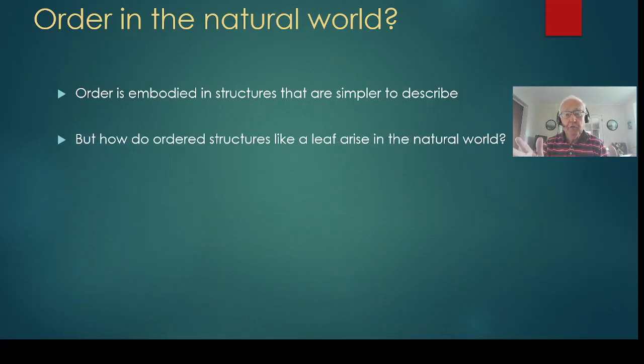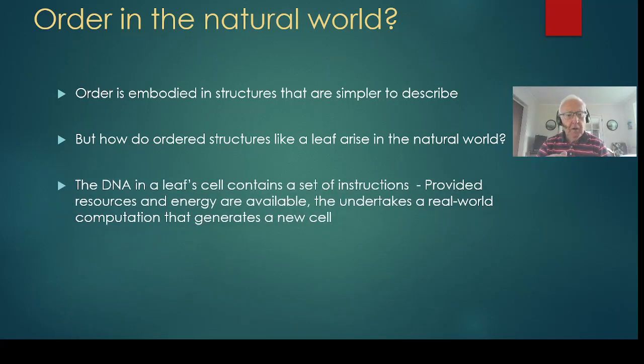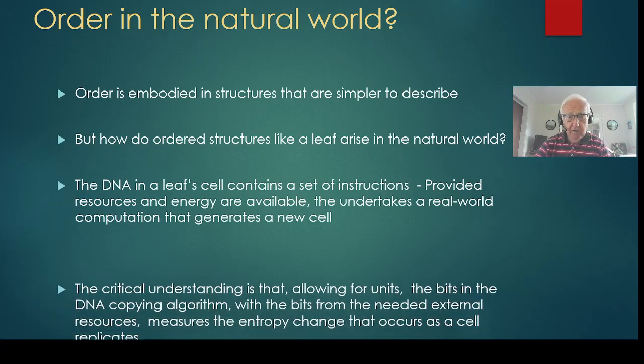But how do ordered structures like a leaf arise in the natural world? Well, the DNA in the leaf cell contains a set of instructions. Provided resources are available, these instructions undertake a real-world computation that generates another cell.